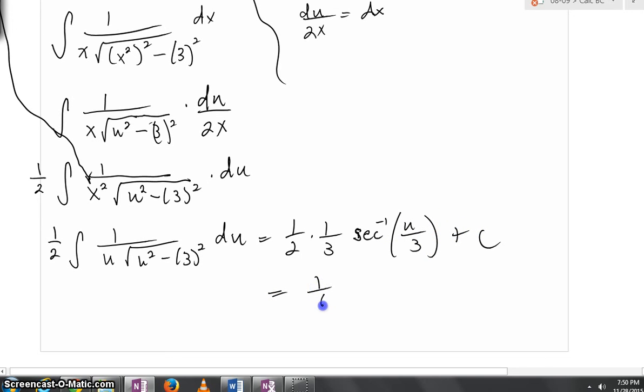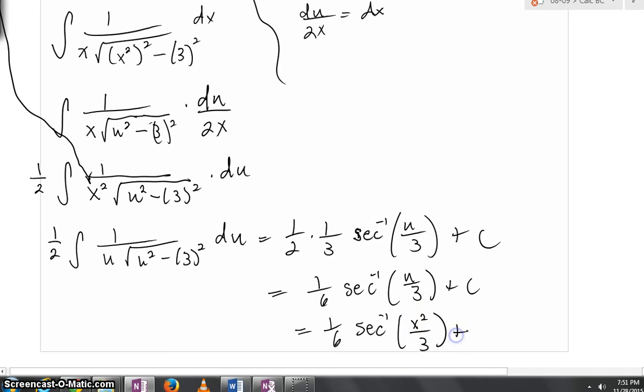So this becomes 1/6 inverse secant of u over 3 plus a constant. But remember what u really was representing. U is really filling in for x squared. So we'll have 1/6 inverse secant of x squared over 3 plus a constant.